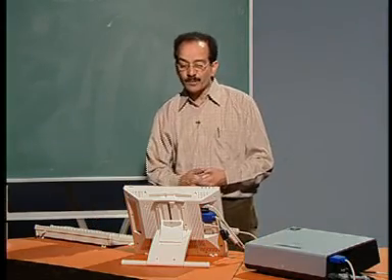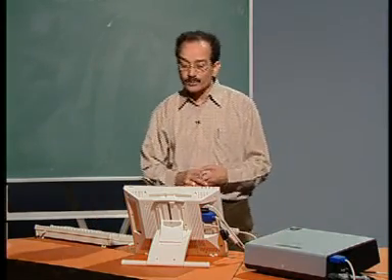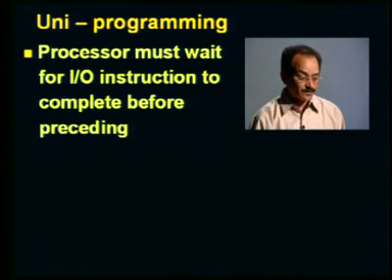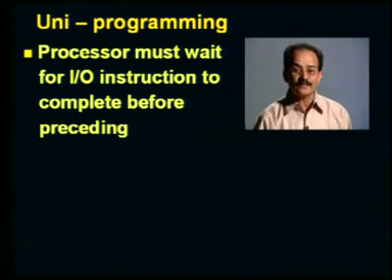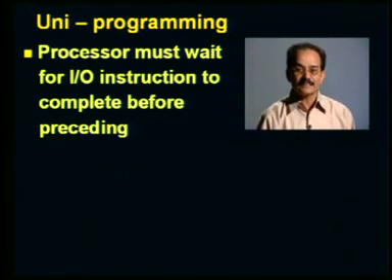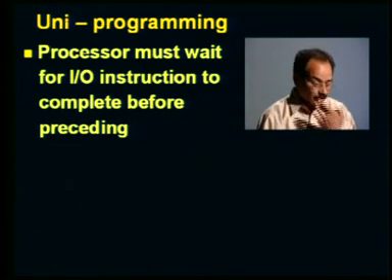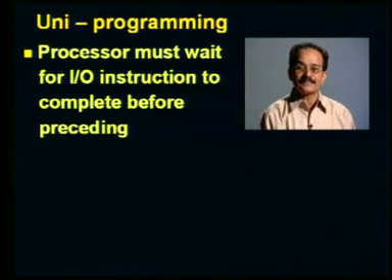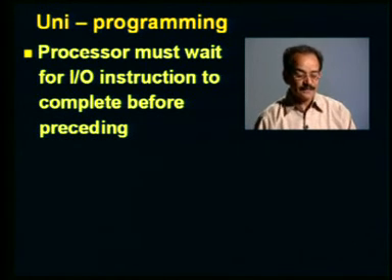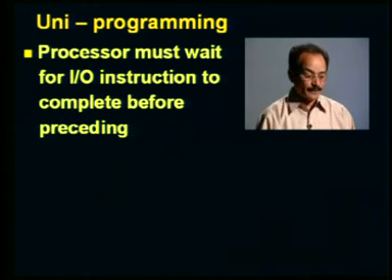That is the problem with uniprogramming: when I am executing only one job at a time, the processor must wait for the IO instruction to complete before proceeding to the next instruction.